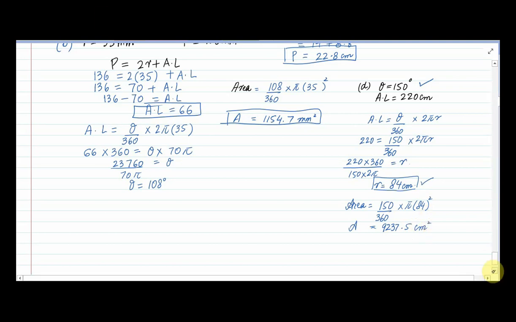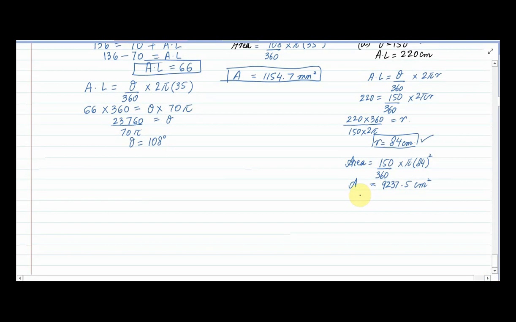After the area, the last thing is perimeter, and perimeter is arc length plus 2 times its radius. Now arc length is given, that is 220 plus 2 times radius is 84. So 84 times 2 is 168.